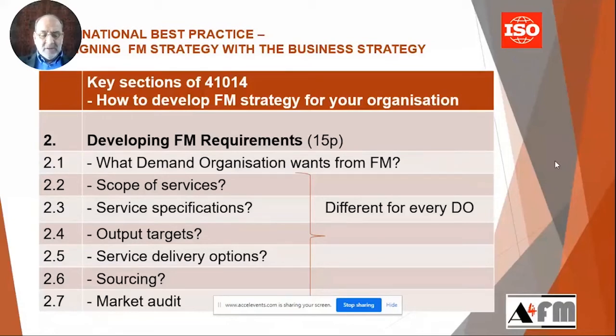So what policies, procedures, processes, and service delivery mechanisms are utilized by the organization, and the way we then need to look at it in developing the FM requirements. We should probably look at a resource audit to make sure that we understand exactly how these services are delivered and how people feel about those services in the organization.